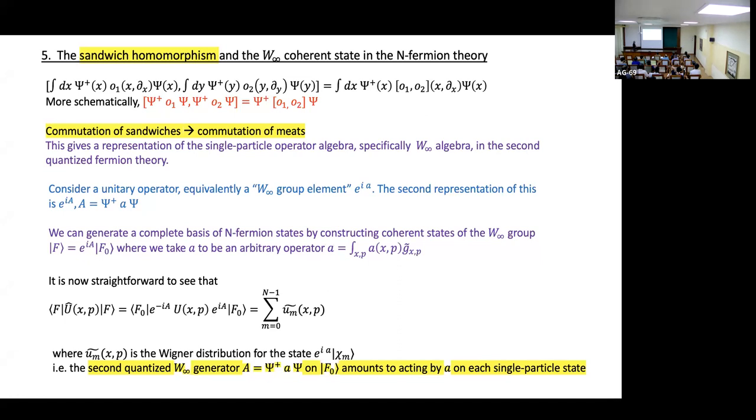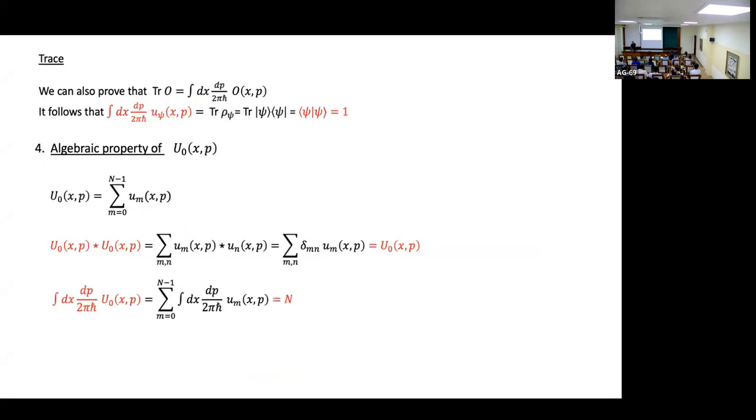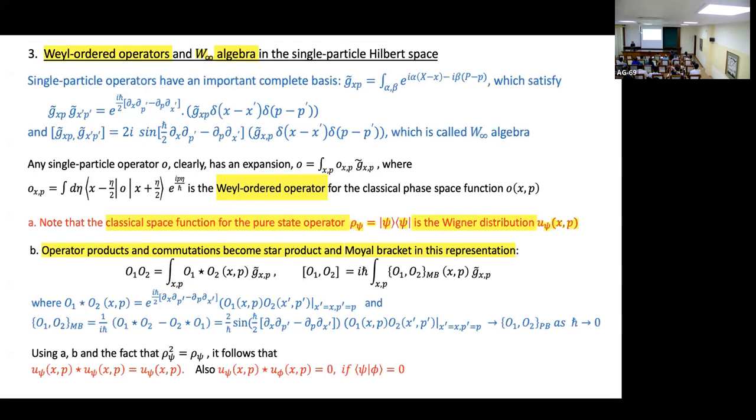There are a lot of details here, which I'm not sure I'm explaining very well. What is this W infinity group? Could you explain that? The W infinity algebra is such that the commutator is the Moyal commutator, more or less, but you actually have G tilde of x p with the deltas inside.